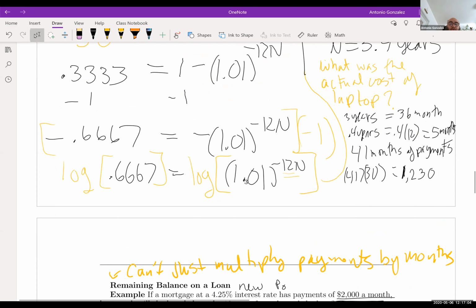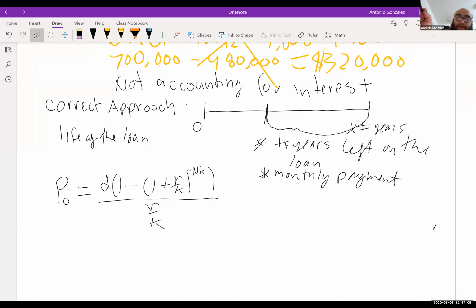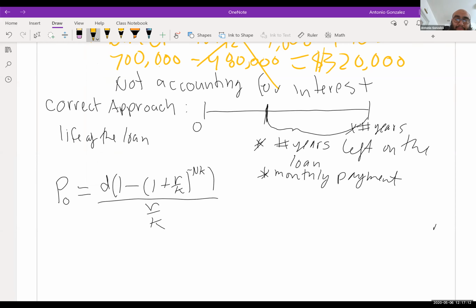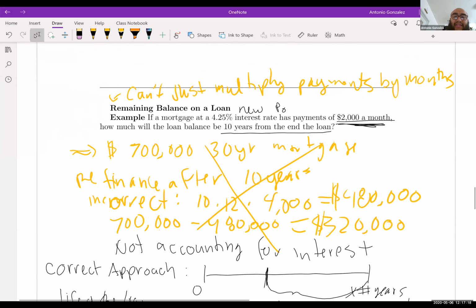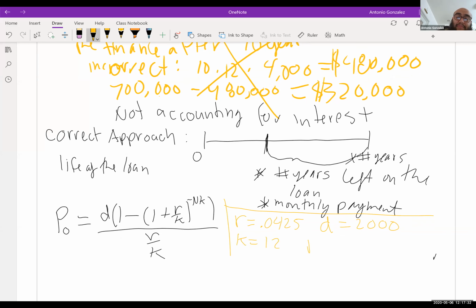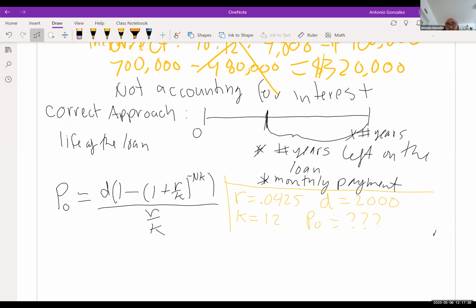Okay, so for this part, let's identify the pieces of information that we know. The terms of the old loan: the rate is 4.25%, the monthly payment is 2,000, K is 12, and again, P0, I don't know. As a reminder, what we're doing is 10 years before the loan is done, so I also know N is 10.